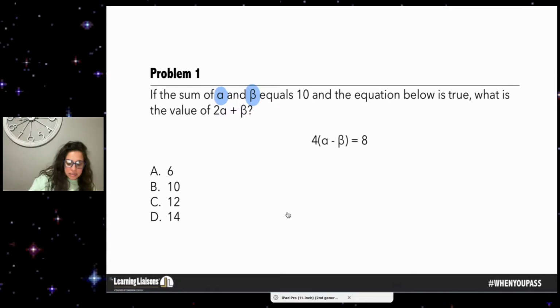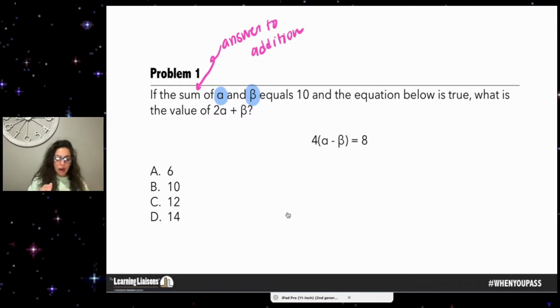So if the sum, and we're going to go over some basic vocabulary just because everybody could benefit from it, if the sum, the answer to an addition problem, of A and B equals 10, and the equation below is true, what is the value of this?